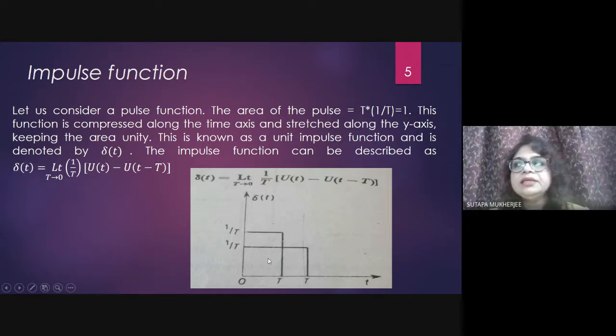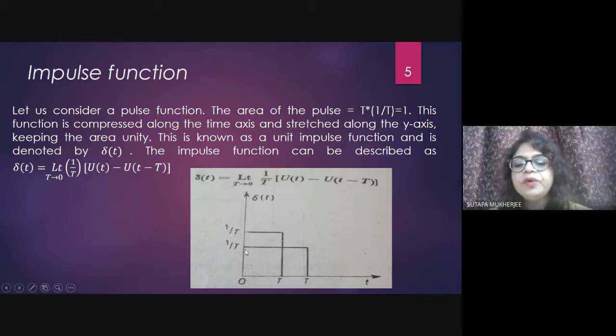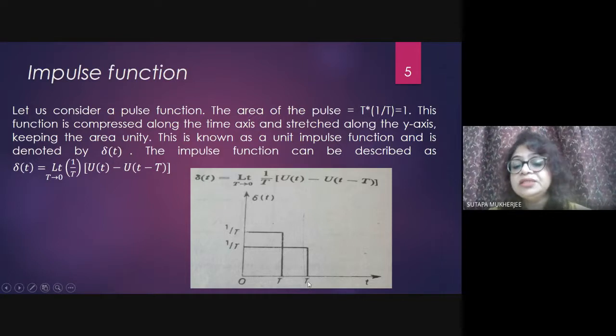Well, basically, it is the concept on the basis of two step functions, that is the gate function. This is like the window. So if you want to get the window, it will be u(t) minus u(t minus T), because this step function starts from 0 and this step function starts from capital T. That is the inverted step. If you subtract these, you will be able to get the window.